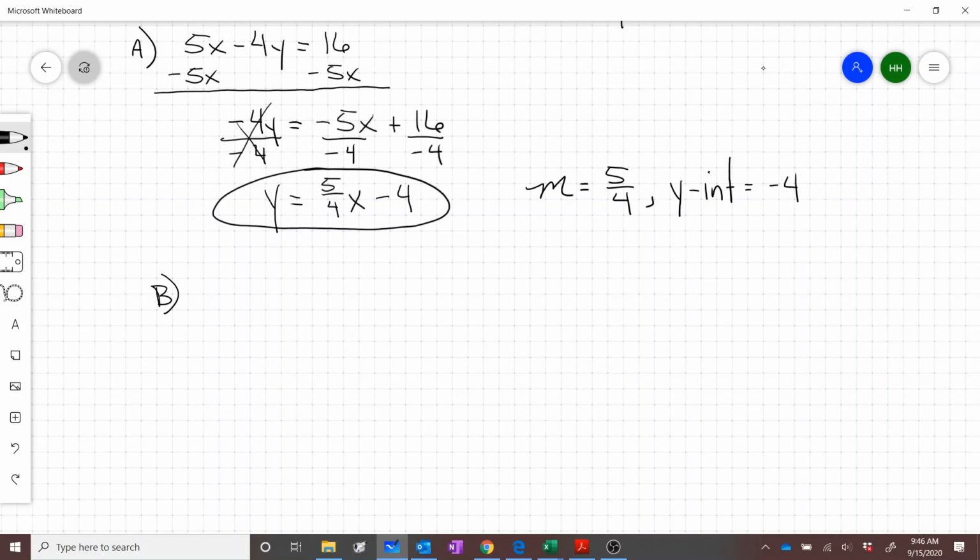All right, we got negative 3/4 x plus 1/2 y equals -1. We got to write it in slope-intercept form, and we got to identify the slope and the y-intercept.